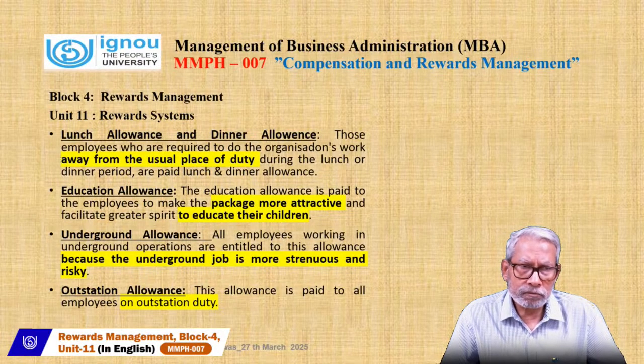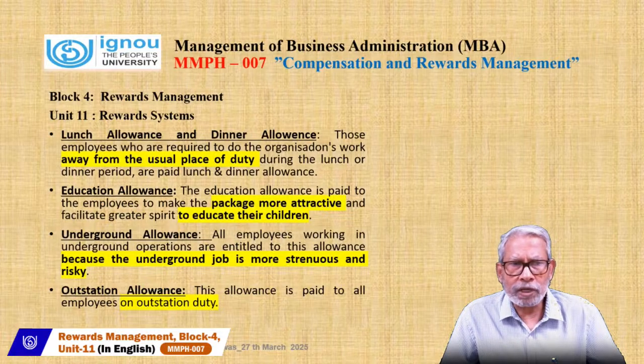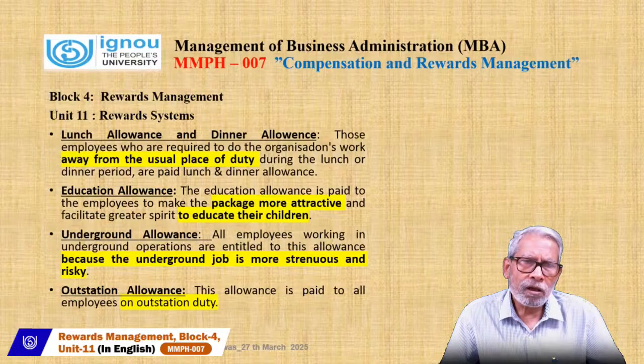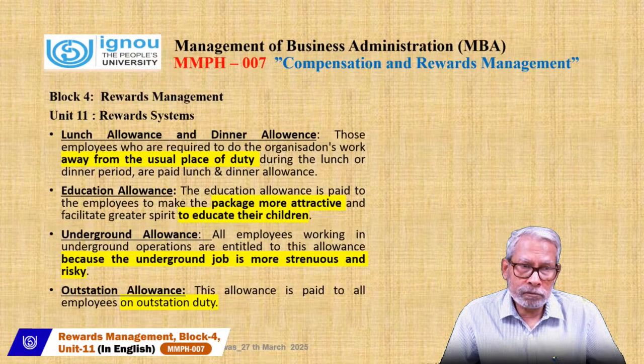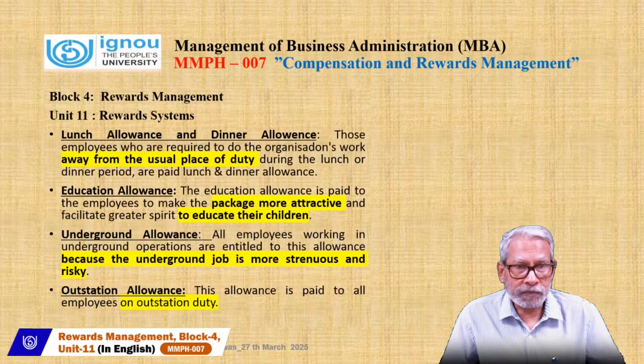Underground allowances. All employees working in underground operations, especially in the mines, are entitled to allowance because underground work is more strenuous and risky. Sometimes it is dangerous when life risks are there. So that's why some allowances are given in that area, in those conditions.